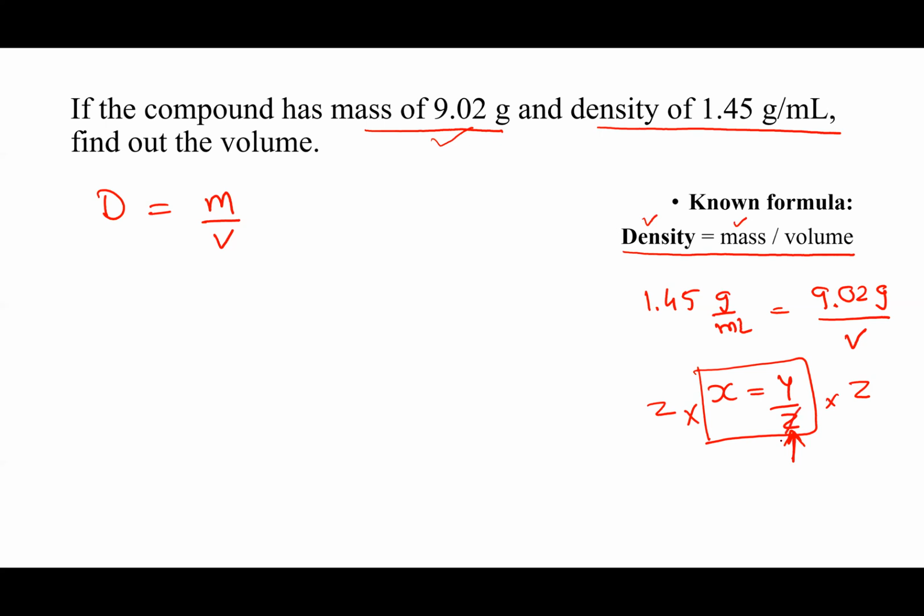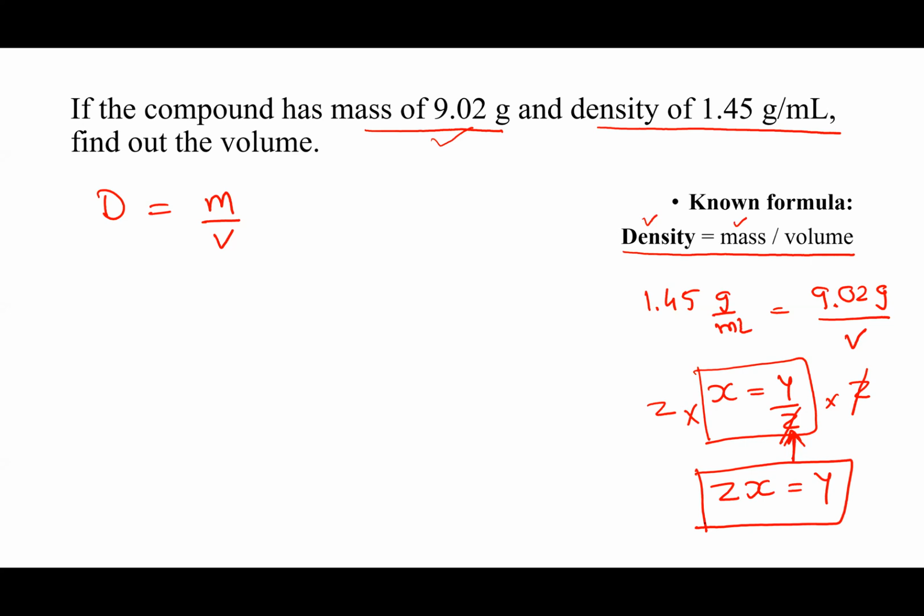By doing so, you cancel out the z from the denominator and the numerator, and the final formula looks like xz equals y. You should always do this to make the formula look simple.